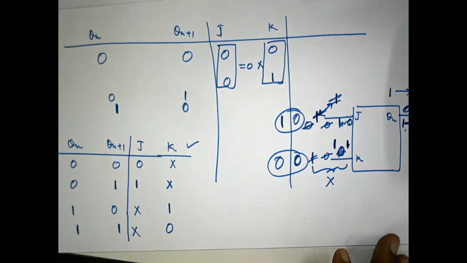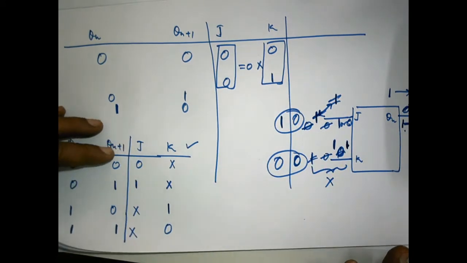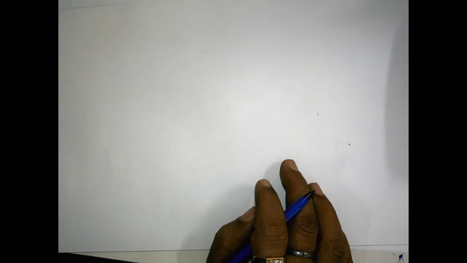So this is the excitation table of SR flip flop, D flip flop, T flip flop, and JK flip flop. Now, since we have the excitation table of all 4 flip flops, we can perform the conversion of one kind of flip flop to another kind of flip flop.